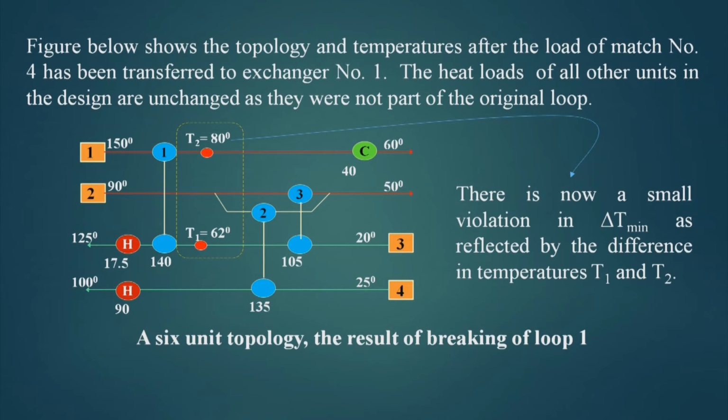There is now a small violation in delta T minimum, as reflected by the difference in temperature between T1 and T2. If the delta T minimum is violated, obviously this will require a different amount of hot utility and cold utility. Now, we have to restore this delta T minimum somehow.